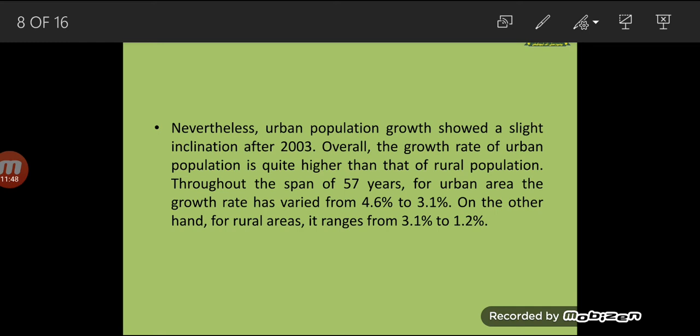For urban areas, the growth rate has varied from 4.6% to 3.1%. On the other hand, for rural areas, it ranges from 3.1% to 1.2%.